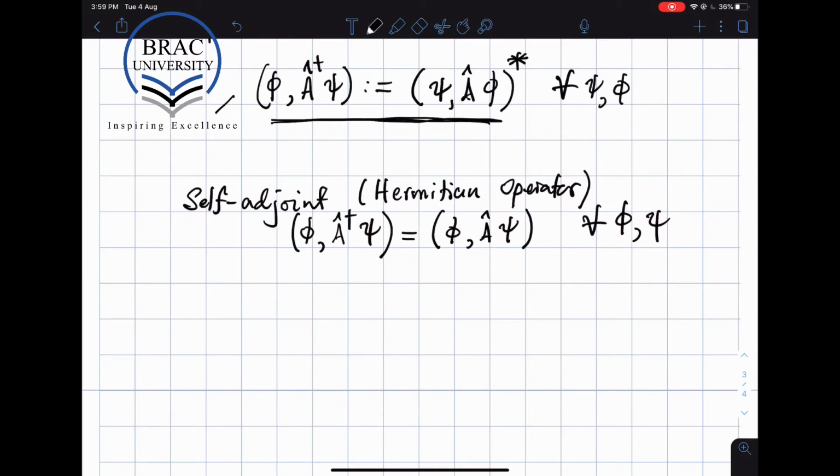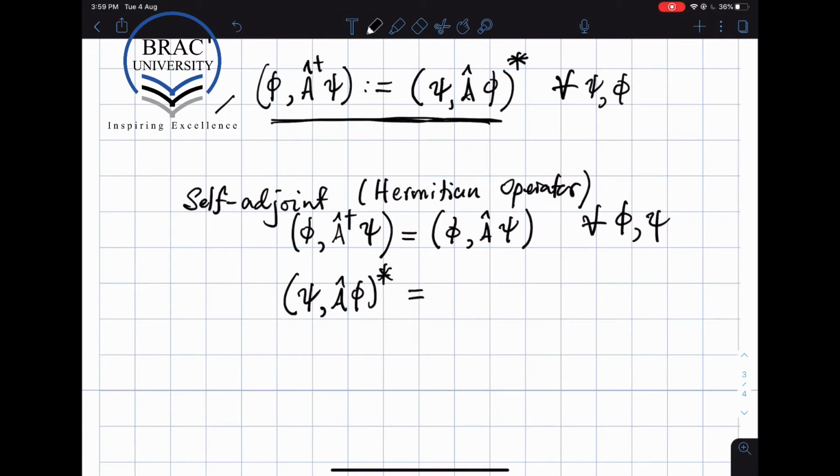So let us look at the consequence of the self-adjoint condition. On the left-hand side, we know from this definition of self-adjoint that we can write this as psi, A phi, star.